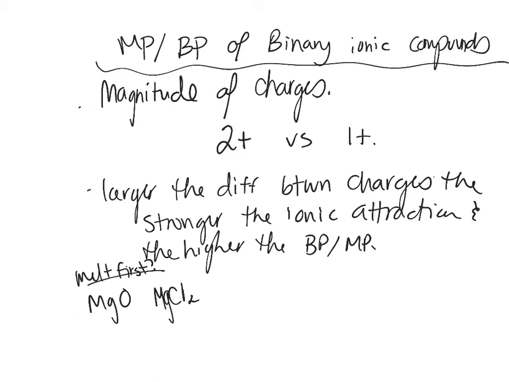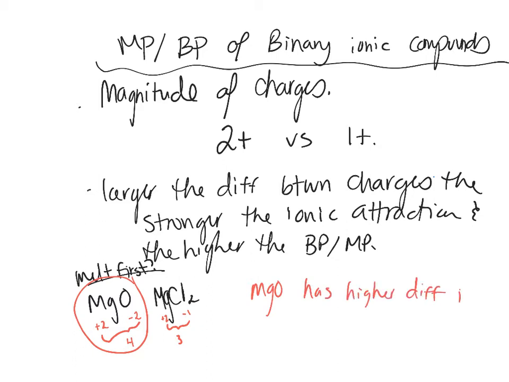So let's look at the charges, the difference in charges. Magnesium has a 2+ charge and oxygen has a 2- charge. So the difference between these on a number line is 4. Again, magnesium still has a +2 charge here, but each chlorine has a -1 charge. The difference between these is only 3. Therefore, based on this idea, magnesium oxide has the higher difference in charge.